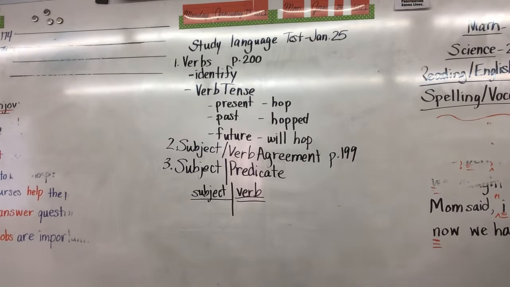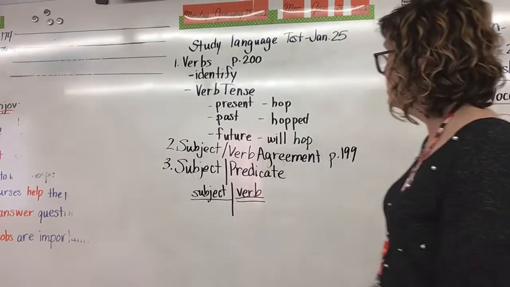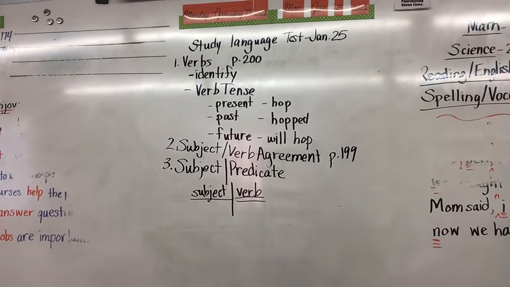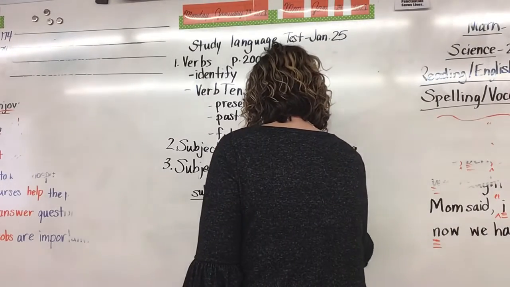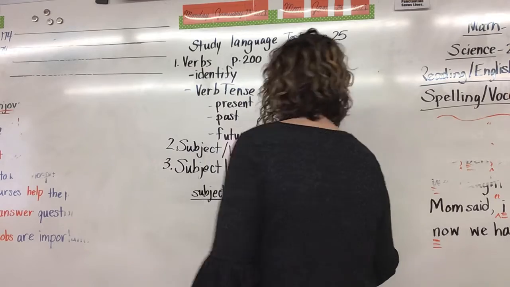They have a place for the subject and they have a place for the predicate, and I can give you those page numbers, but they don't have a place where they're showing them underlining both at one time. Alright, so subject is page 199 and predicate is page 198. So let's just put page 198, 199 after that.